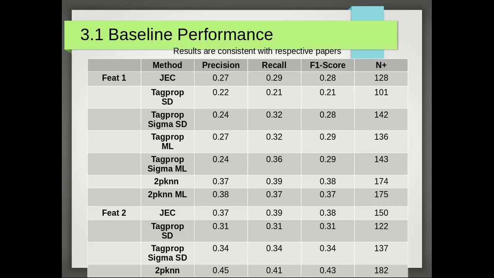We performed the run using these three approaches on the Coral 5K dataset using feed 1 as well as feed 2, and the results we got were consistent with their respective papers. The best results we were getting were for 2pkNN, which is the state of the art for image annotation as of now, since it was released.